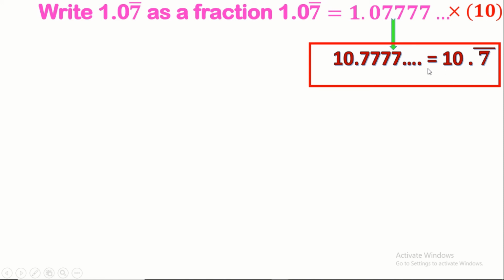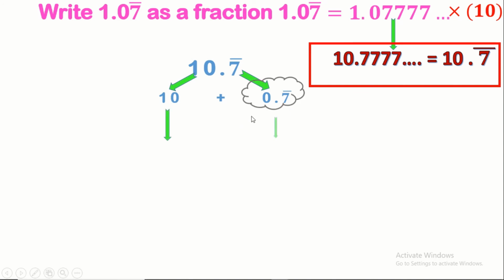Here we can start solving. So 10.7 bar, which is exactly 10 plus 0.7 bar. Here we have isolated the periodic part alone, and also we have 0 in the integral part. We can directly write it as 7 over 9, or we can solve it, which is here 0.7 bar. We can replace it by x, so it's 10 plus x. Now we solve it.